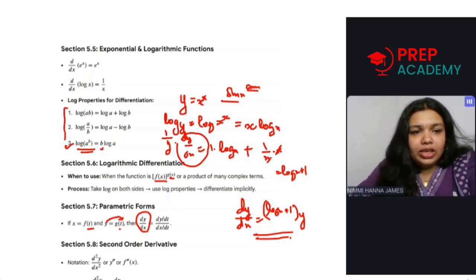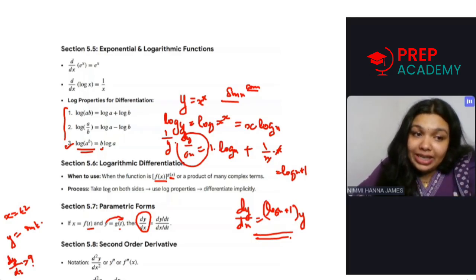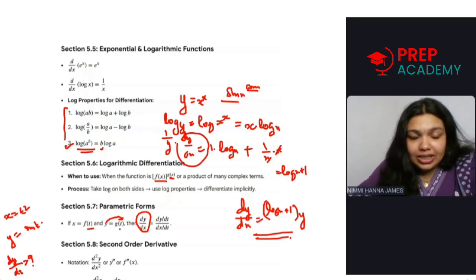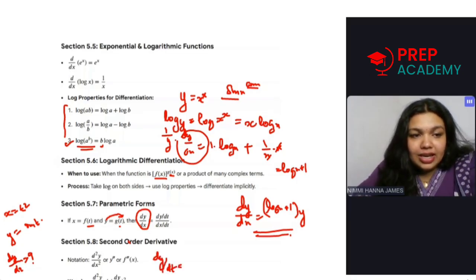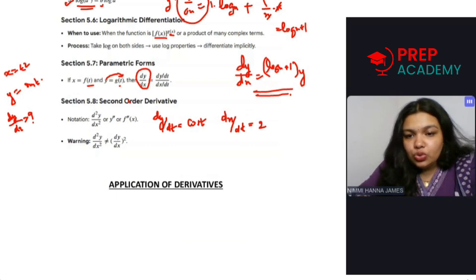For example, if x is equal to t square and y is equal to sine t, what is dy by dx here? For that, we first find dy by dt and dx by dt. dy by dt is the derivative of sine t, that is cos t, and dx by dt is the derivative of t square, that is 2t.